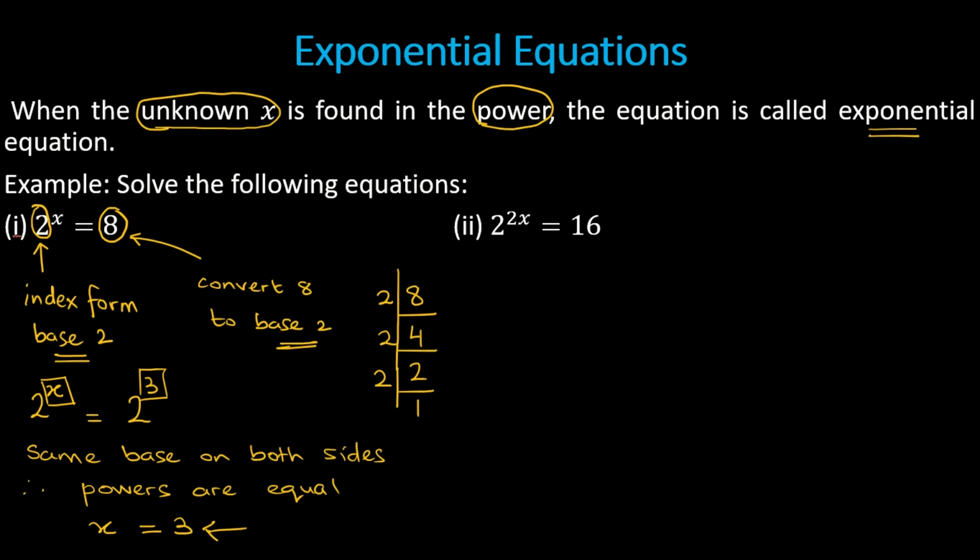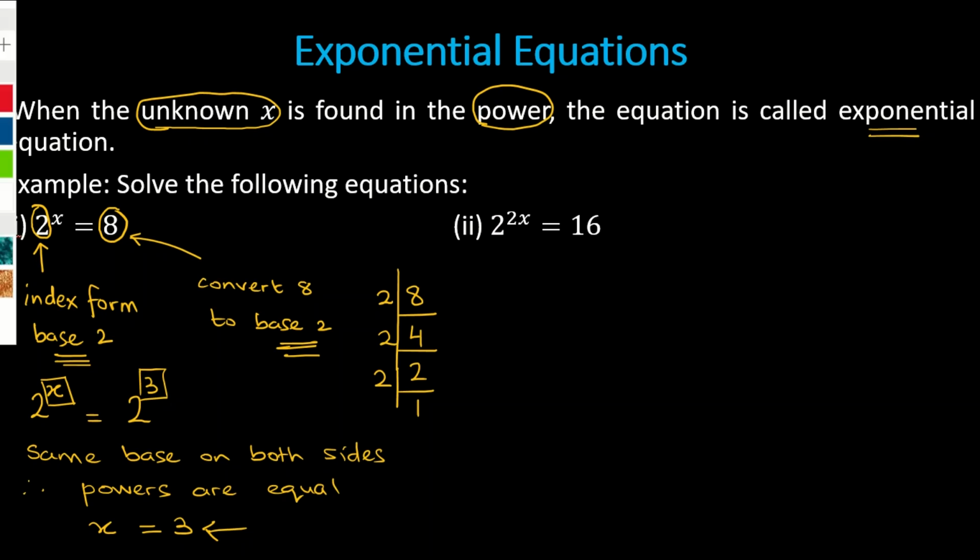So to recap this whole procedure, the first step is to convert the number 8 in terms of base 2, because on the left hand side we have base 2. Then whenever the two bases are equal, we have to equate the powers.